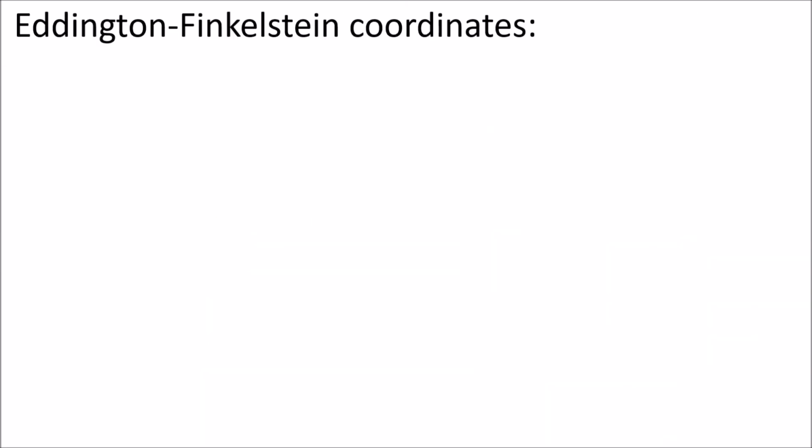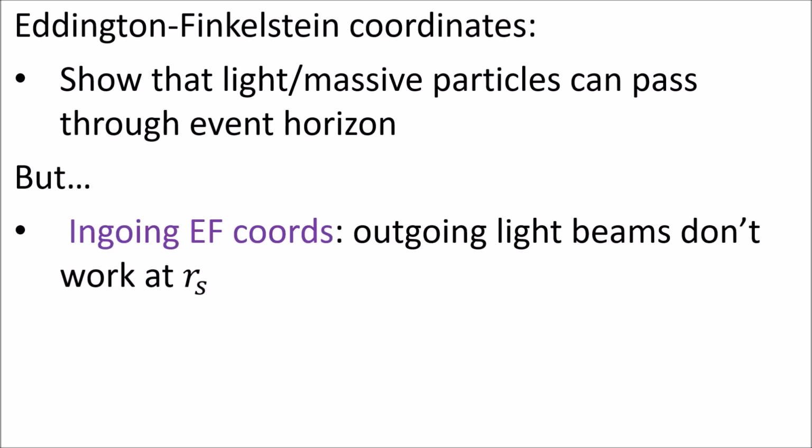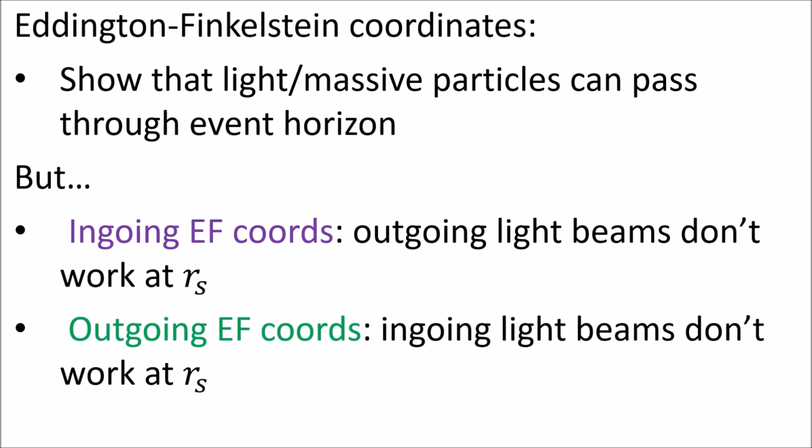So the Eddington-Finkelstein coordinates are nice because they demystify the event horizon and show that light and massive particles can travel through it just fine. But these coordinates still have problems. For the ingoing EF coordinates, outgoing light beams stop working on the event horizon. And for outgoing EF coordinates, incoming light beams stop working on the event horizon.